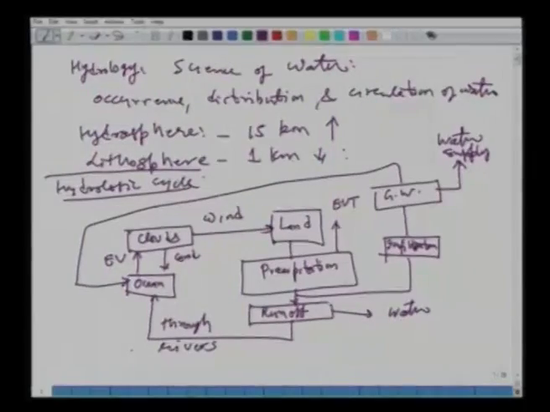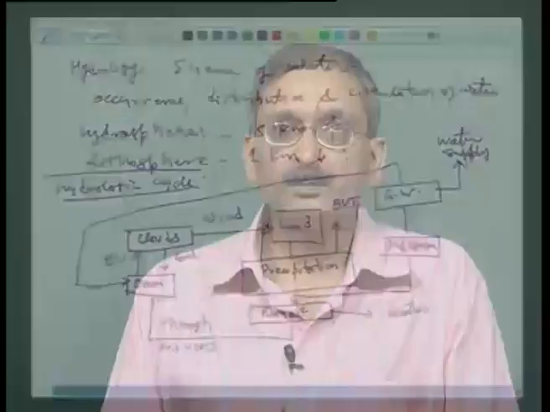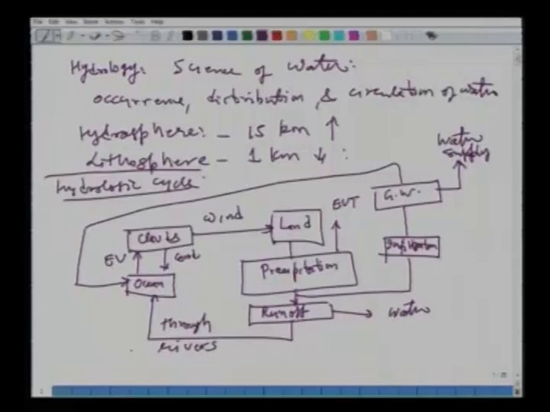So, we see that the water is moving in different parts of the earth in various phases, in liquid as well as gaseous phase, and all of this interaction is extremely complex, and a thorough understanding of the basic governing principles of movement of this water is necessary to model the hydrologic cycle.